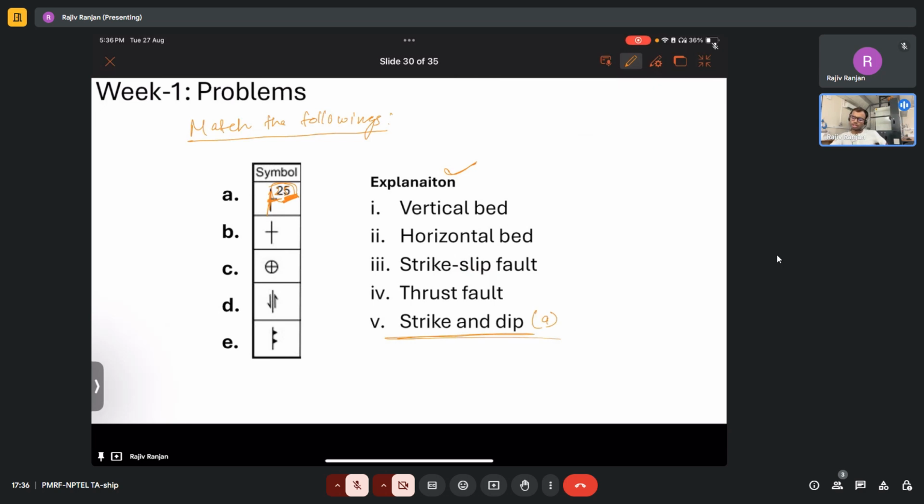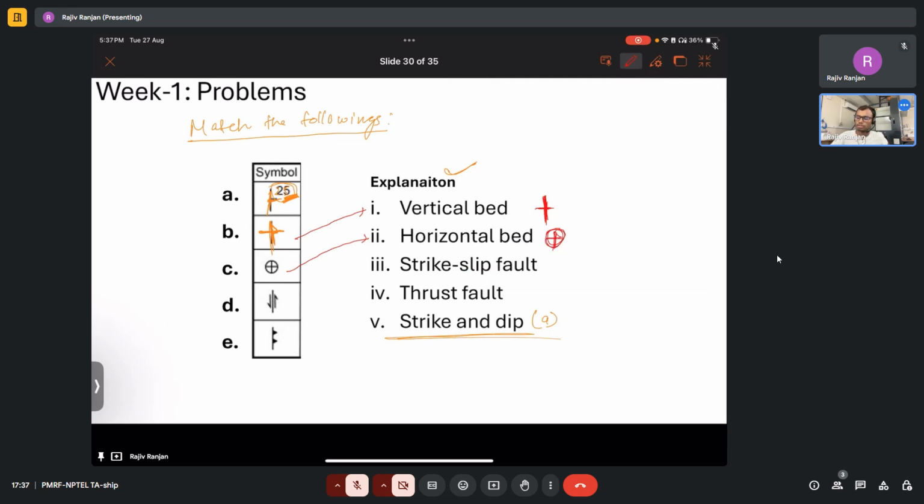Okay. So this is how we measure a vertical plane. This is a representation of a vertical plane. A vertical bed is marked by a long line intersected by a smaller perpendicular line. This represents the strike, and this is the dip direction. A horizontal bed is represented by a plus.